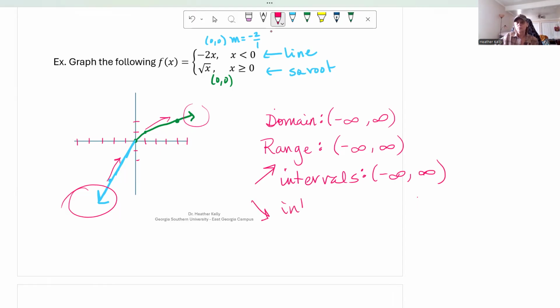Decreasing interval? None. What else could we ask? Intercepts. There's only 1, 0, 0.